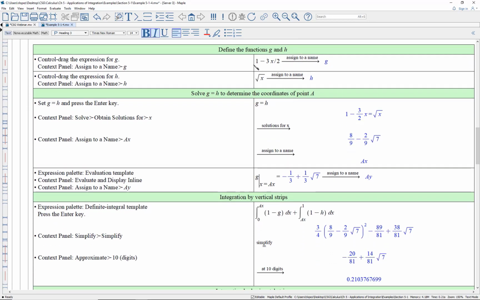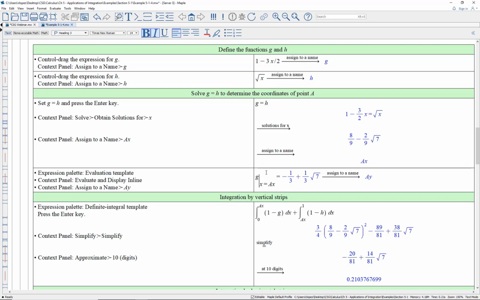So let's make this curve, the slanty line, we'll call that G. The square root we'll call H. They intersect, so you set G equals H, and you solve that for the x coordinate, and you say A. To get the y coordinate, well, you could, because G is in the form y equals, you could put that A x into G, and you would get the y coordinate.